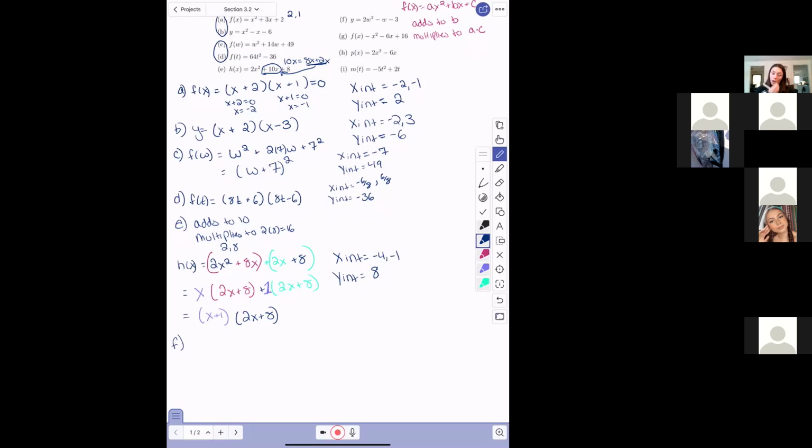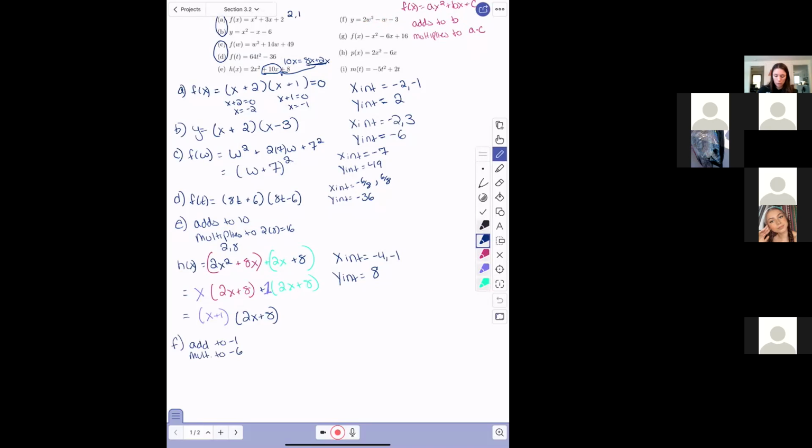So for F, again, we have a coefficient in front of the squared term, and we can't just pull it out in this case. So we have to go ahead and do the method that we just did for E. So we need something that adds to -1 and multiplies to -6.